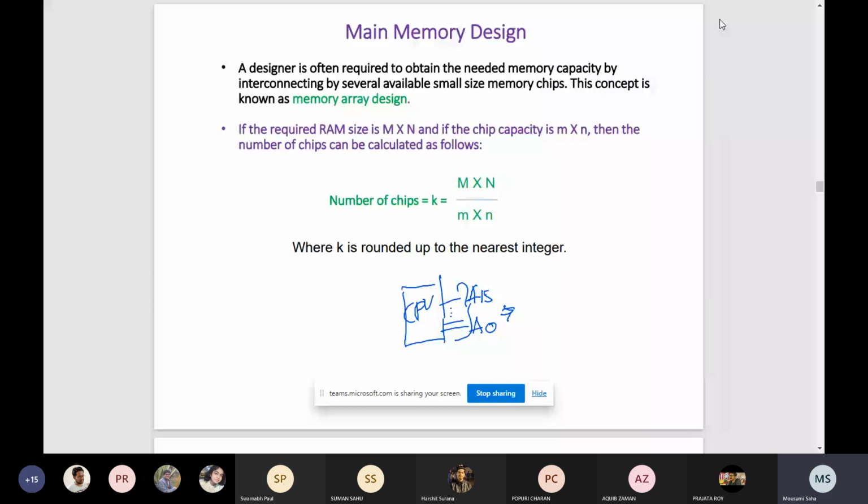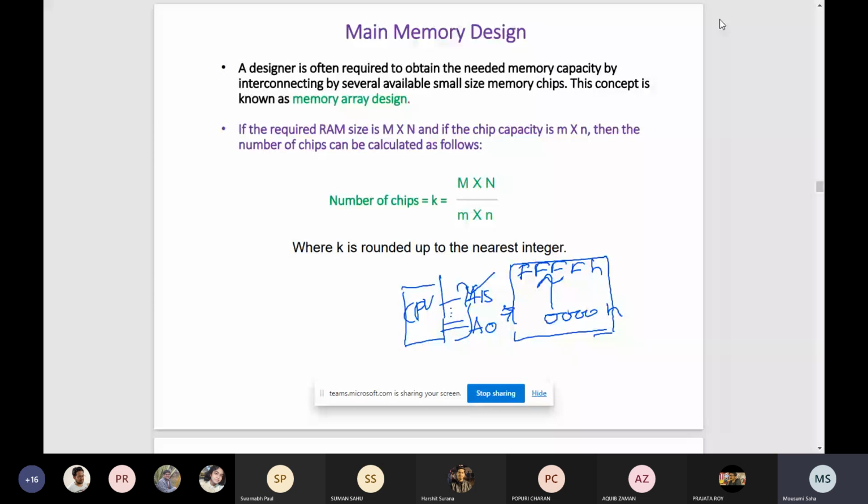Or you can say, what is the address space? It starts from 0000, and if I consider hexadecimal numbers, then it can continue up to FFFFH, isn't it? So this is the address space the processor can utilize, because it has a maximum of 16 address lines, not more than that.